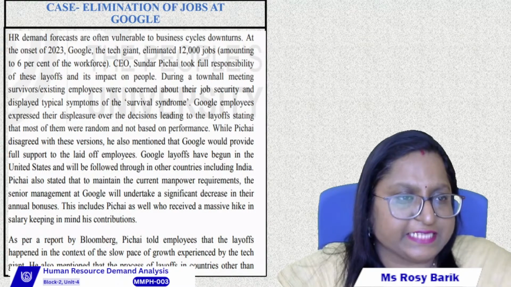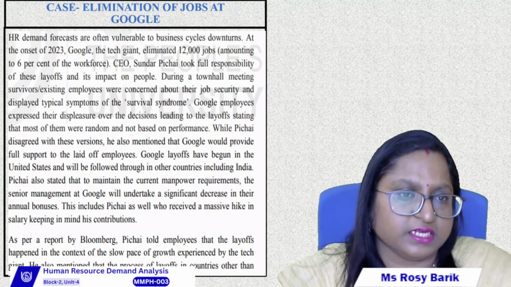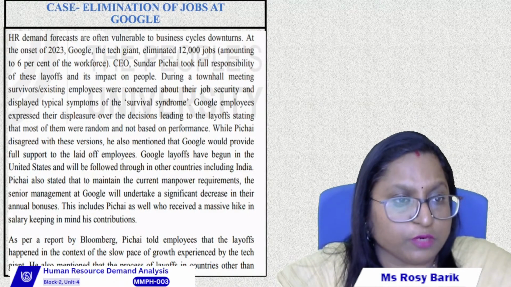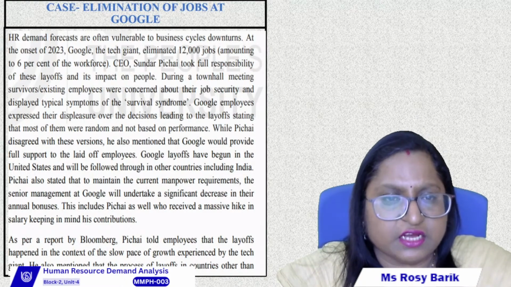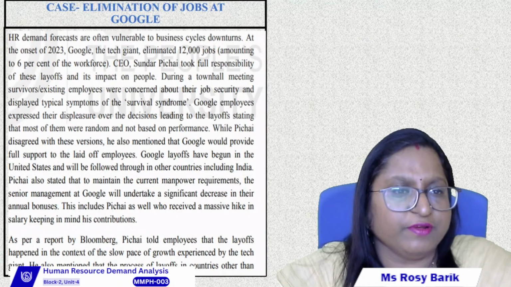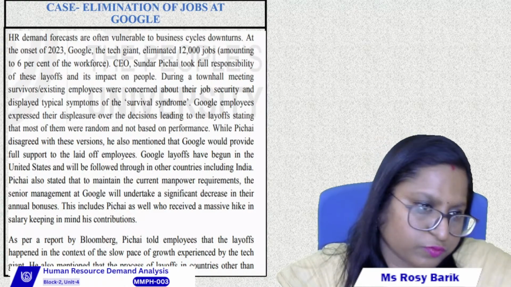While Pichai disagreed with these versions, he also mentioned that Google would provide full support to laid-off employees. Google layoffs have begun in the US and will be followed through in other countries, including India also.